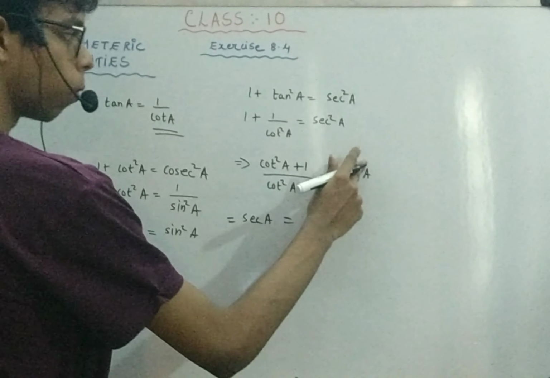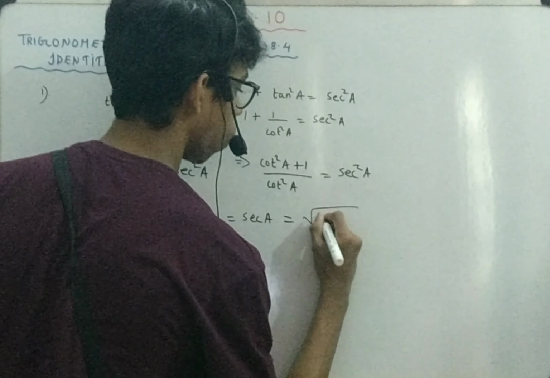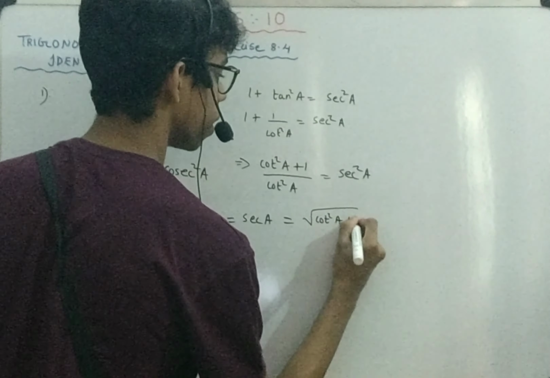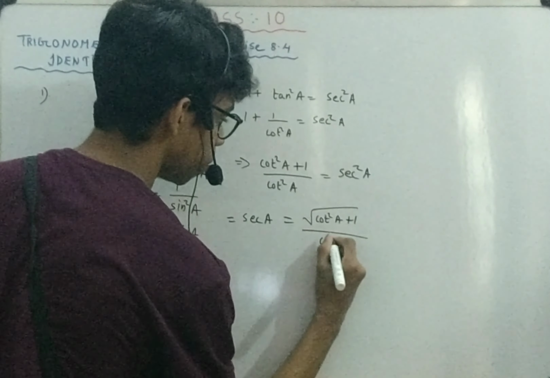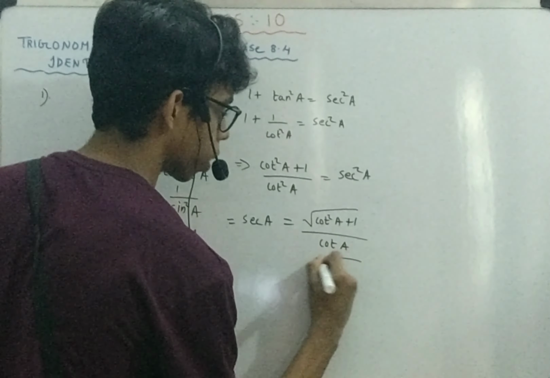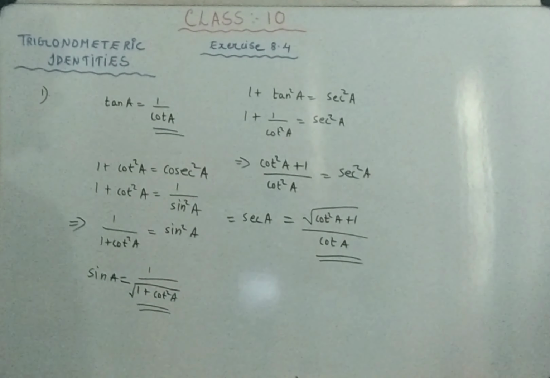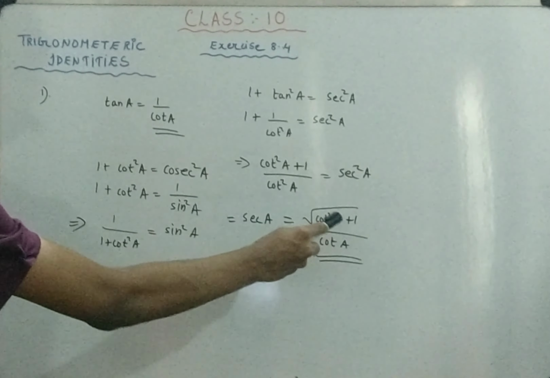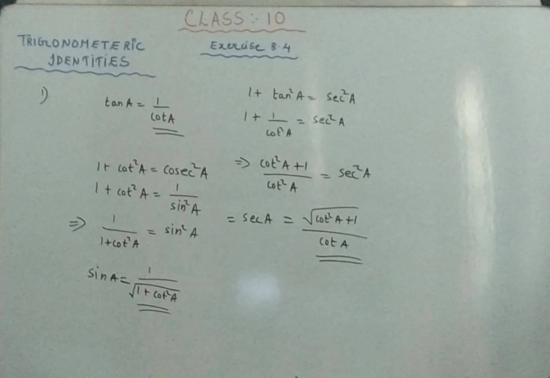When you remove the square you have to put the root sign. So sec is equal to root of cot square A plus 1 divided by root of cot square A, which is simply cot A. So we have expressed sec in terms of cot: sec is equal to root of cot square A plus 1 by cot A. I hope it is clear.